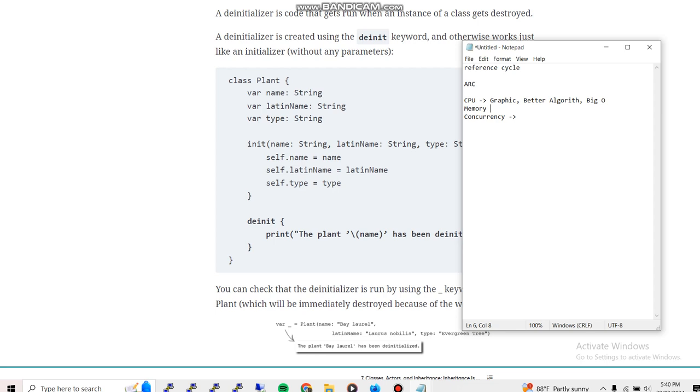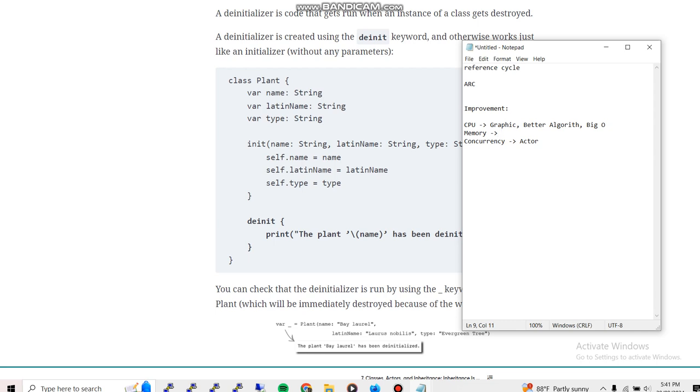But when we talk about memory and how we can improve memory, we have to do improvement in those three things, right? Actor, put it like this.